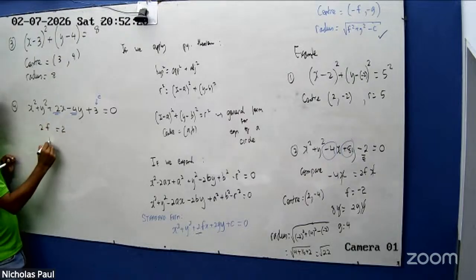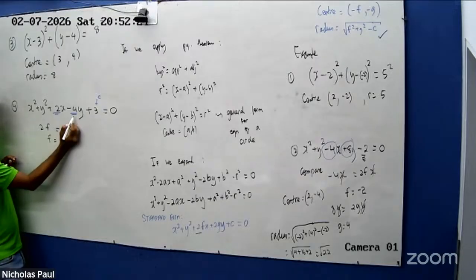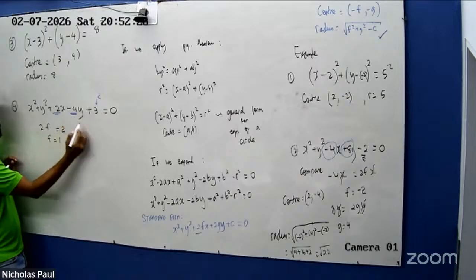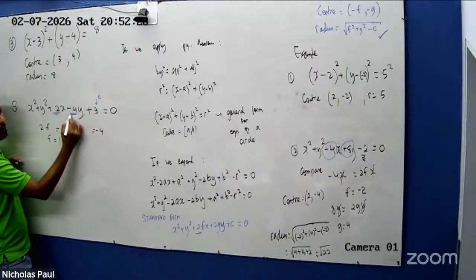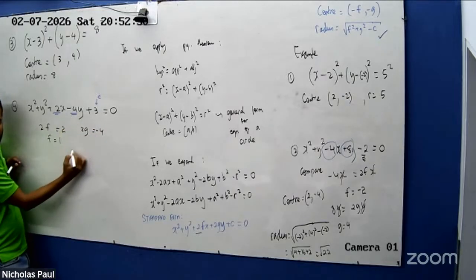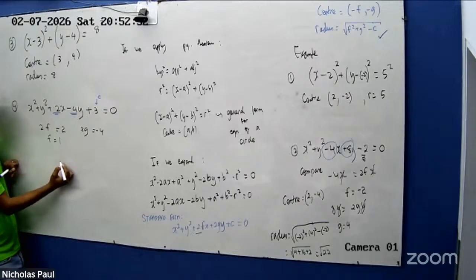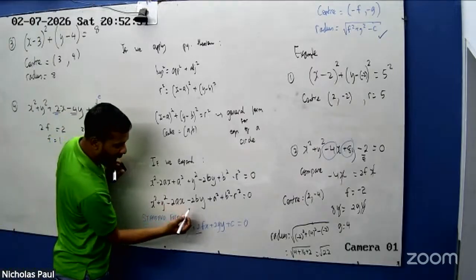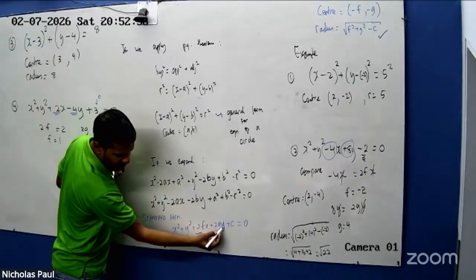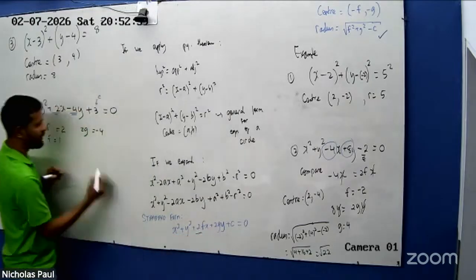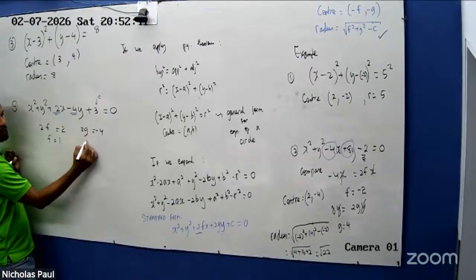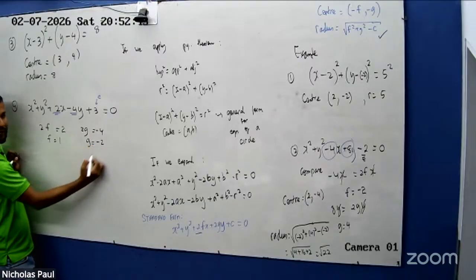So f is what? F is 1. What are we comparing minus 4 to? We're comparing it to 2g, whatever is in front of y with positive 2g. So minus 4 is 2g, so g is minus 2.